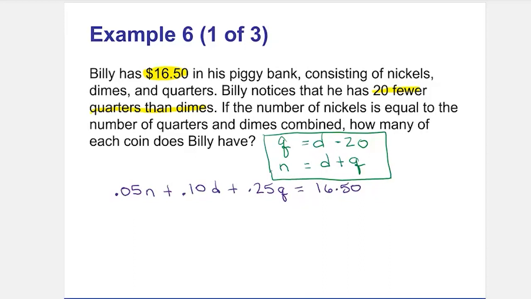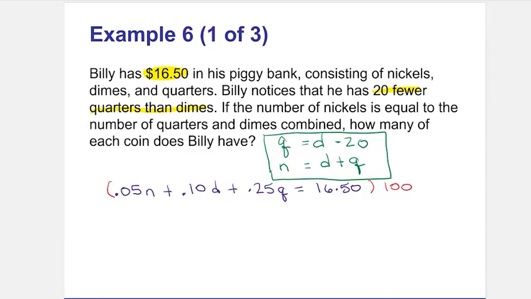Now, I believe on the first video, I think this is the easiest way to go, so you don't have to work with decimals, is multiply everything by 100. If you multiply everything here by 100, then you get rid of the decimals because there's two decimal places.